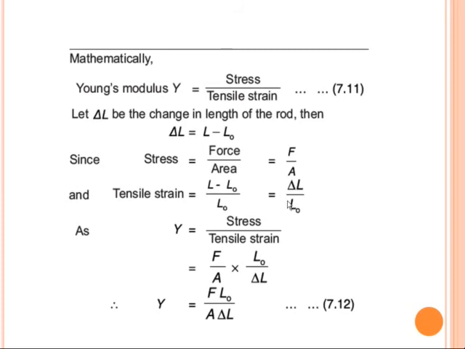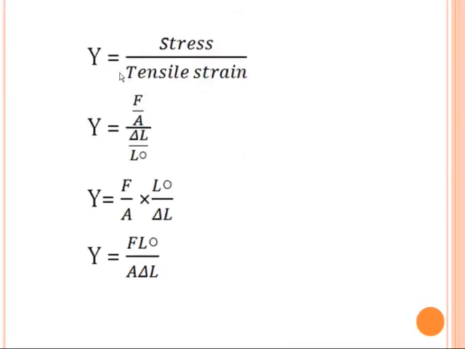We can also write it as delta L, the change in length, divided by the original length L0. The formula of Young modulus is Y equal to stress divided by tensile strain. Stress is represented by F divided by A and tensile strain is represented by delta L divided by L0.